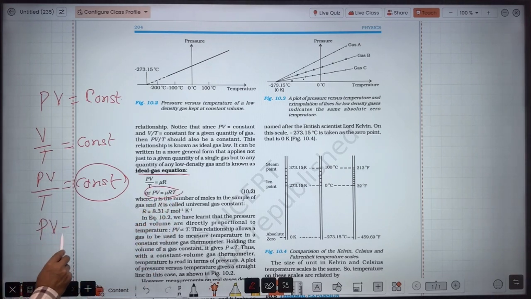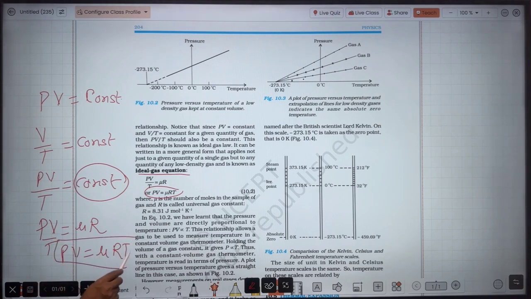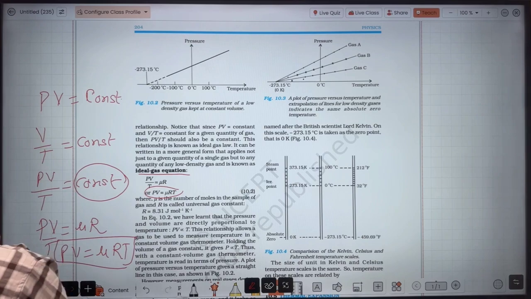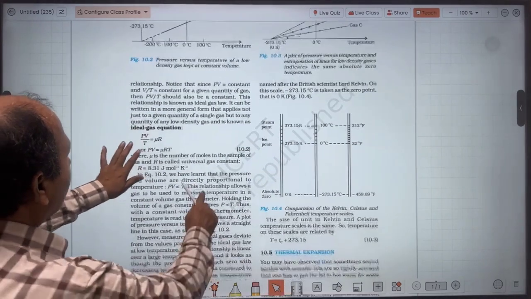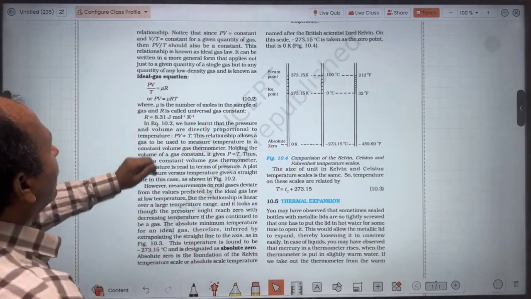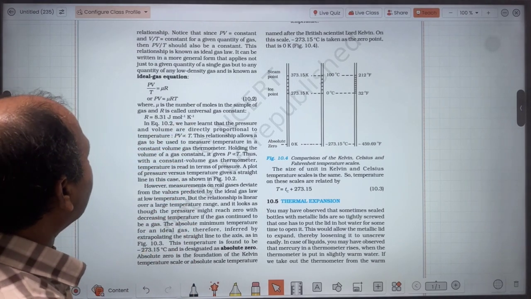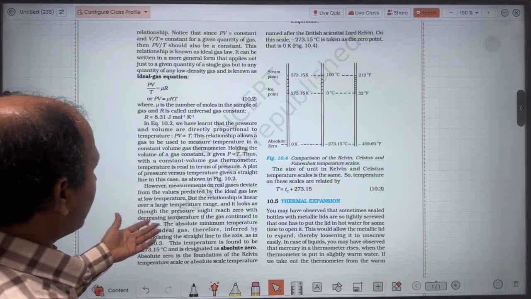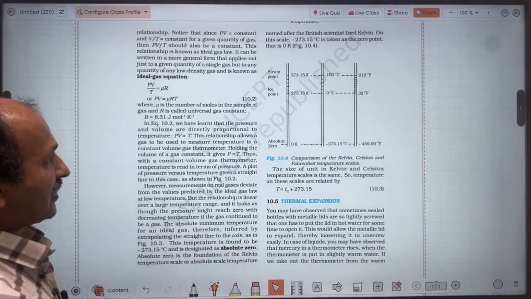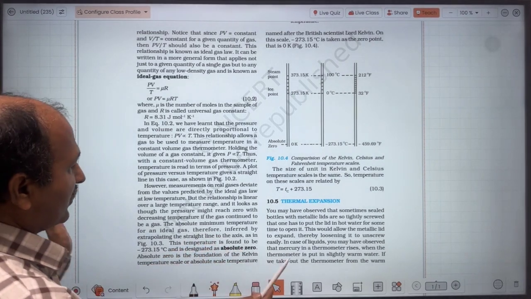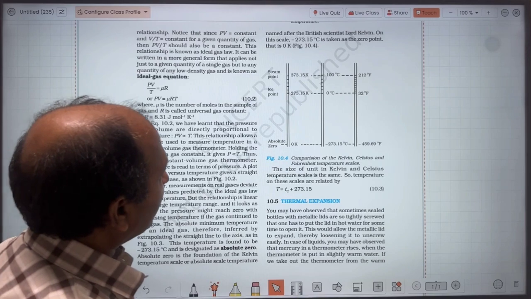Here R is the universal gas constant and its value is 8.31 joule per mole per Kelvin, right? Here some interpretation is given, and then the absolute zero concept, as I told you, where volume becomes zero, pressure becomes zero. So that concept is given.